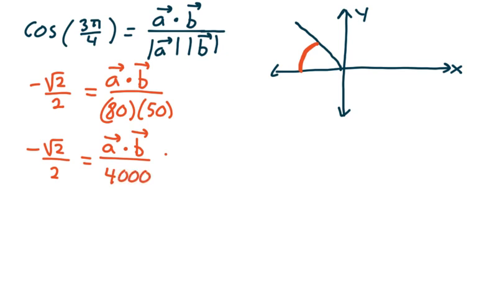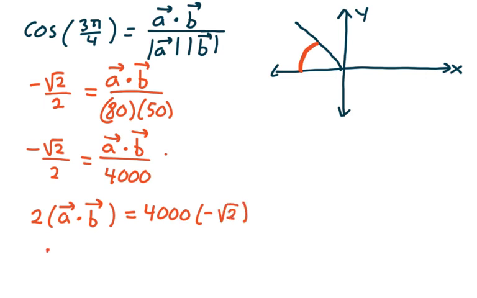Now, I could still cross multiply if that helps. 2 times the dot product of A and B is equal to 4,000 times negative the square root of 2. So therefore, the dot product of A and B is negative 2,000 times the square root of 2.